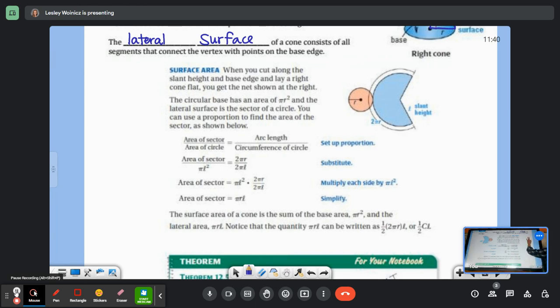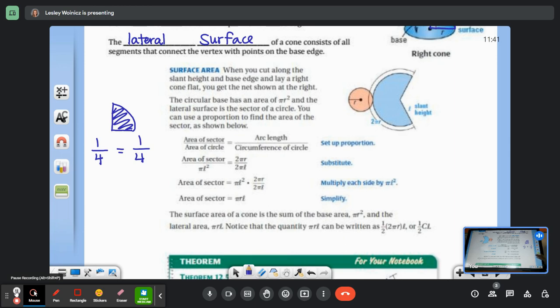If I have 1/4 of a circle, this area is 1 out of 4 pieces of the total area, so its arc length should be 1 out of 4 compared to the total circumference. That's all it's saying. As long as you do part of area over total area, part of circumference over total circumference, you should be good. Got it?